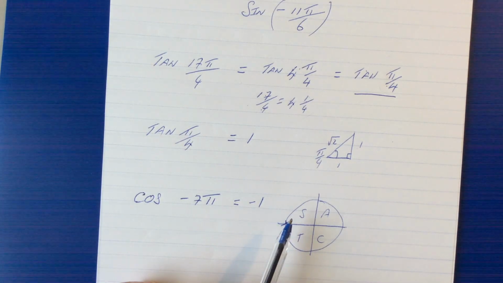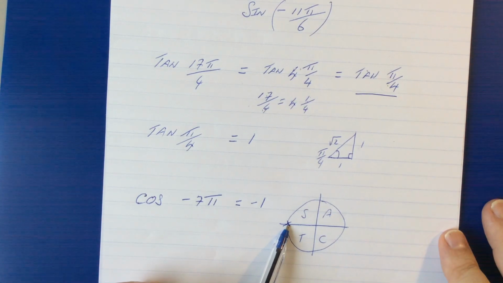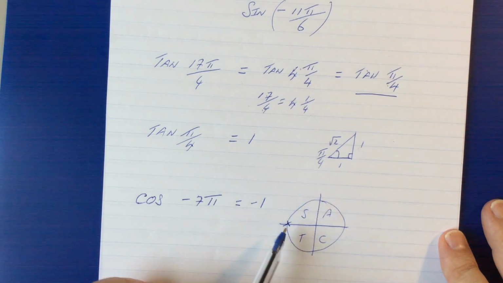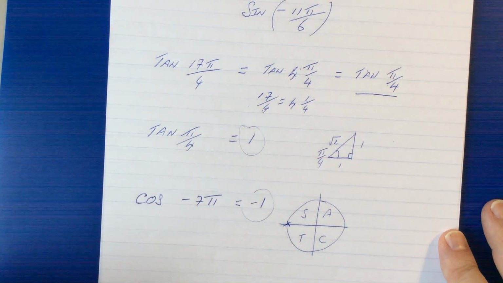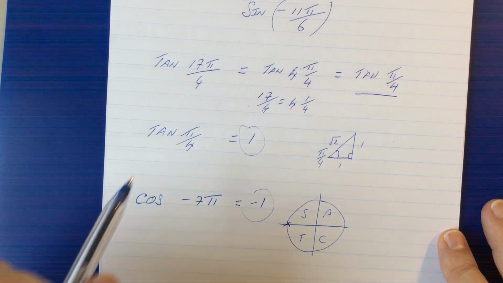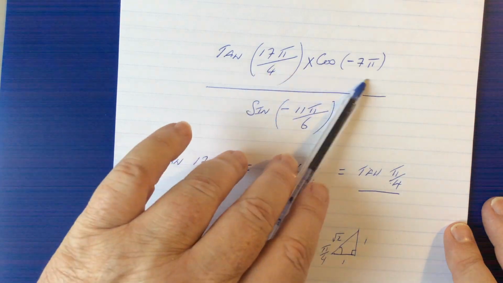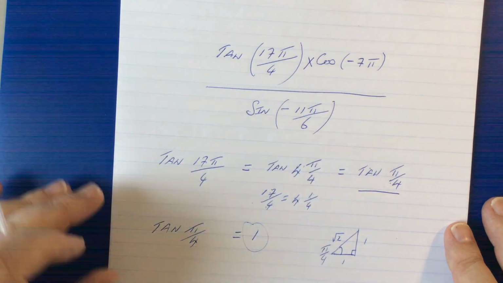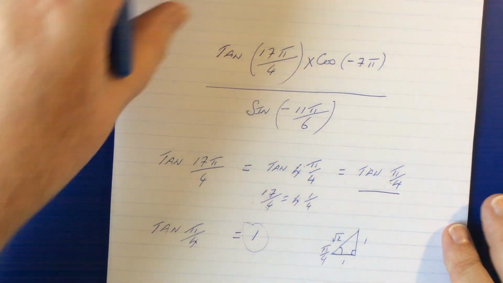Now, the cosine of 180 degrees is negative 1. Cosines are negative here. So we've got negative 1 and we've got 1. So we're well into finding the constituent parts of what looked pretty intimidating. Okay, so let's move on.